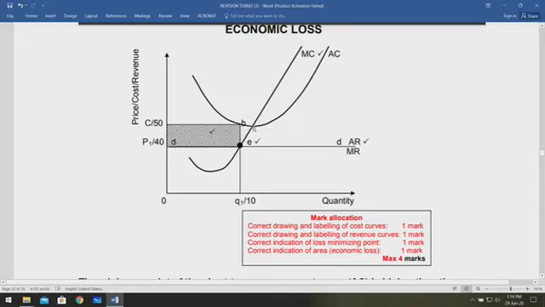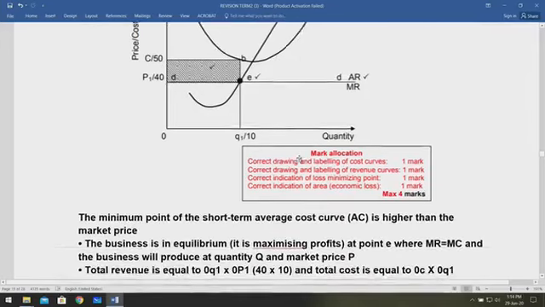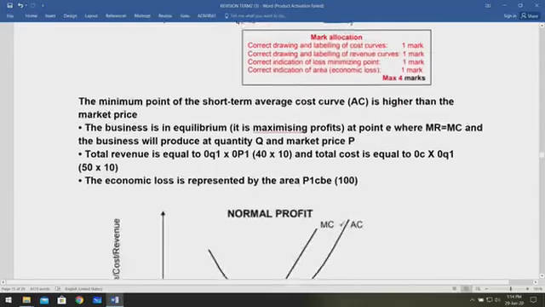It is not where AC meets MC. It is from your equilibrium point up to the cost curve and across. Right? So once again, my total revenue is 40 times 10, which is 400. My total cost is 50 times 10, which is 500. And 400 minus 500 gives me an answer of minus 100, indicating the loss being made here.